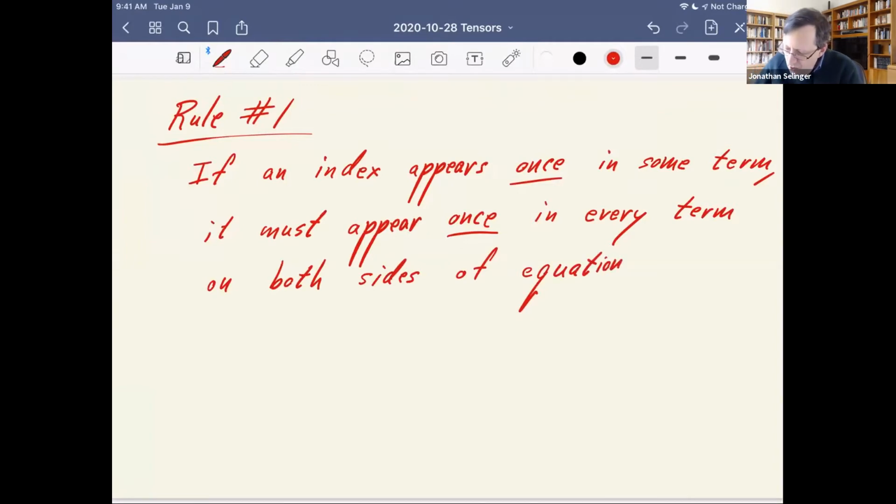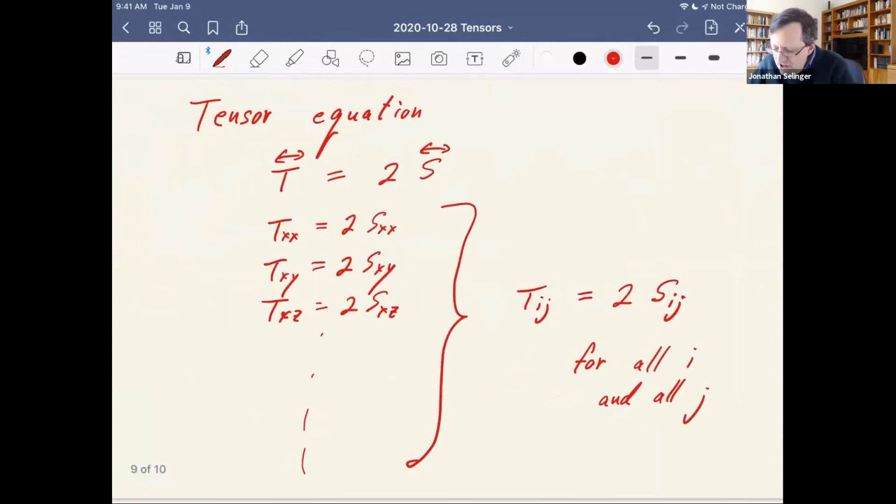Okay. So, this is one example of that rule, right? So there's an index i that appears once on the left side, and it appears once on the right side. j appears once on the left side, and j appears once on the right side.